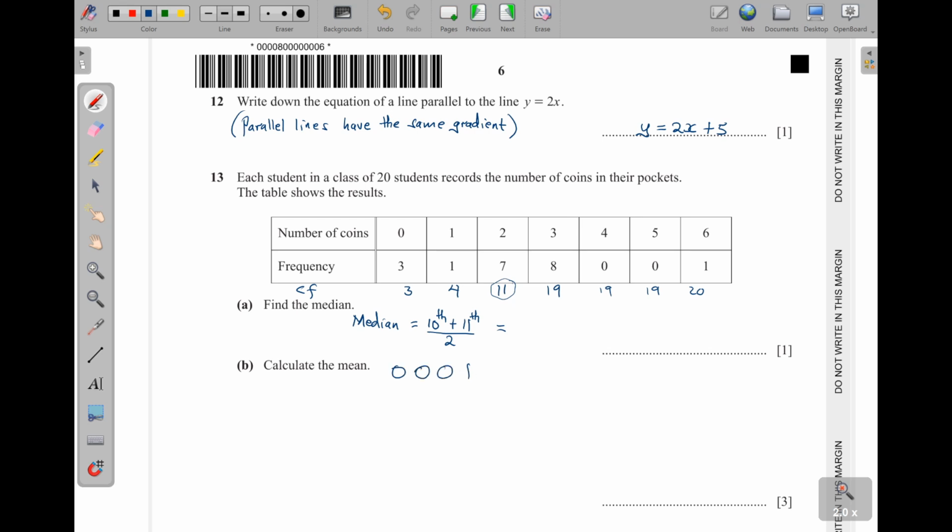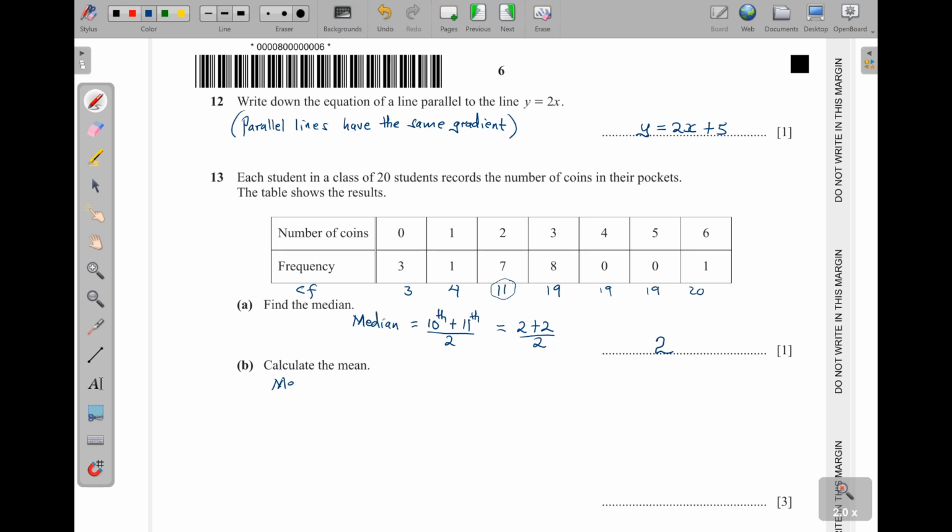Then you have 1. Then the 2's are 7: 1, 2, 3, 4, 5, 6, 7. So the 10th and 11th are the 2's. So this is 2 plus 2 over 2, which gives you 2. Then part B, calculate the mean.